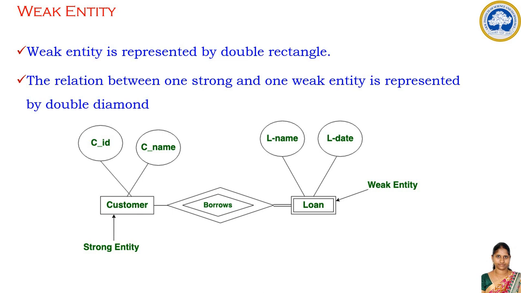Through the customer we can approach the loan entity, so it is called a weak entity set. So this is the difference between the strong entity and weak entity. The strong entity we can have with a primary key, but the weak entity doesn't have a separate primary key. So only through the strong entity are we able to identify it. Thank you.